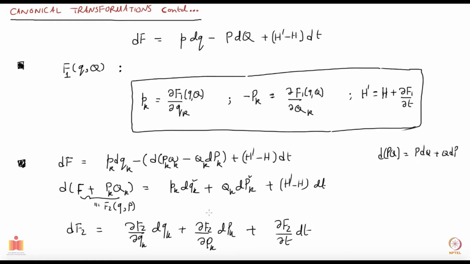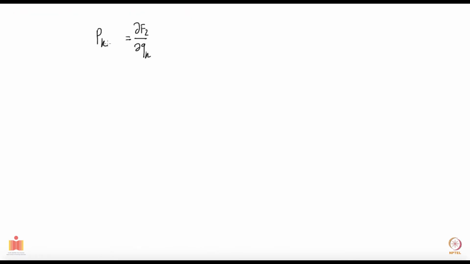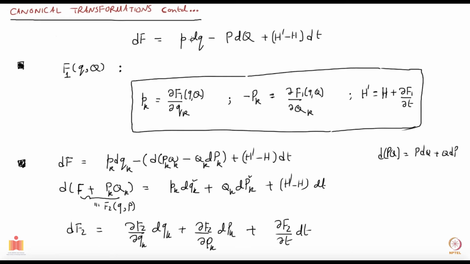Now if you compare these two, you will get del f2 over del qk as pk. So you get del f2 over del small qk as, let's check, no, small pk. What happened?